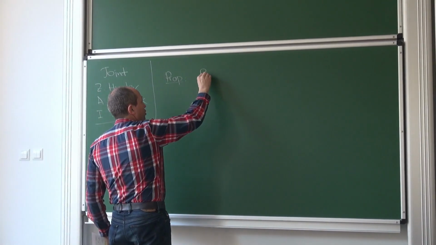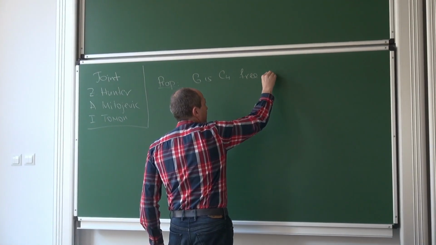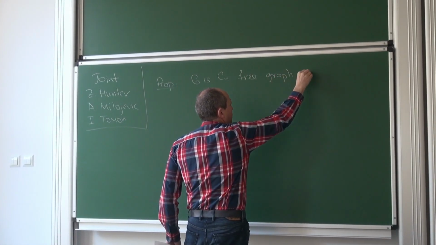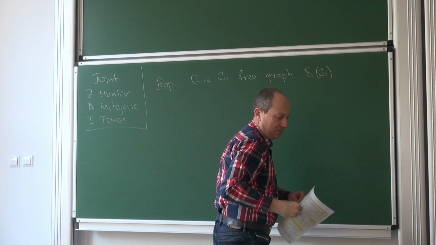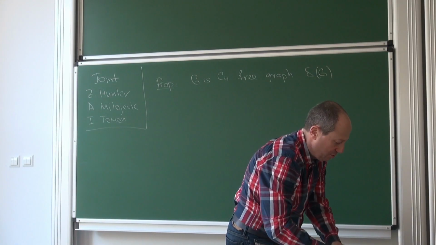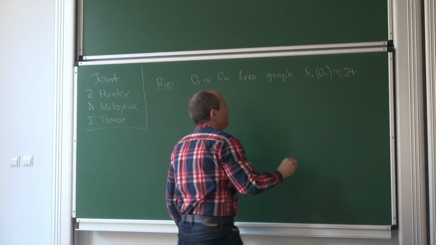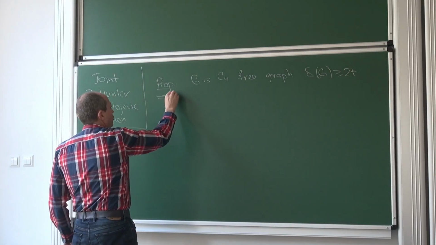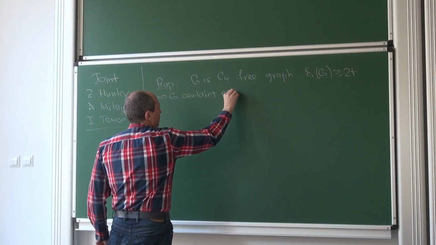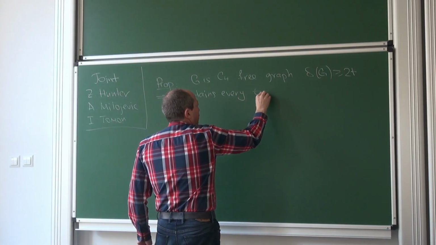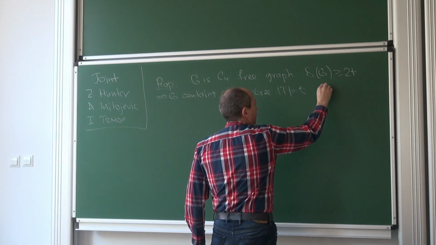Imagine G is a C4-free graph with minimal degree at least 2t. Then I claim G contains every tree with t vertices as an induced subgraph.